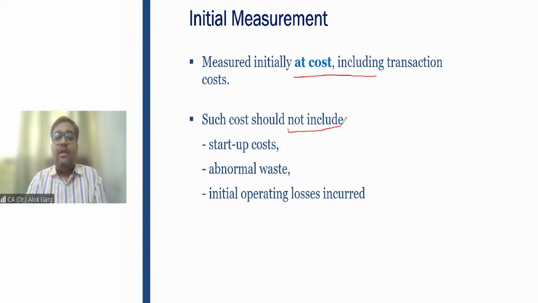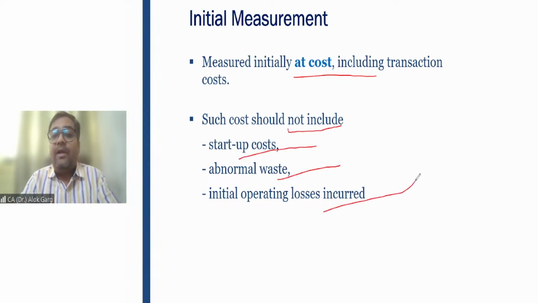Such costs should not include startup cost, right? Abnormal waste, initial operating losses. We have also discussed in the PPE standard that if the company has invited Mr. Amitabh Bachchan to inaugurate that building, this kind of cost is not going to be capitalized.